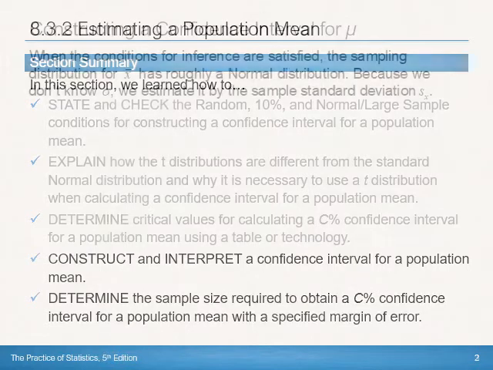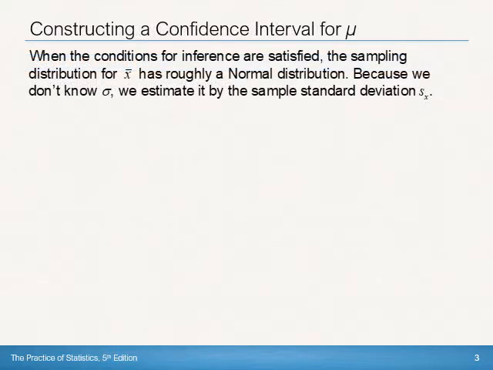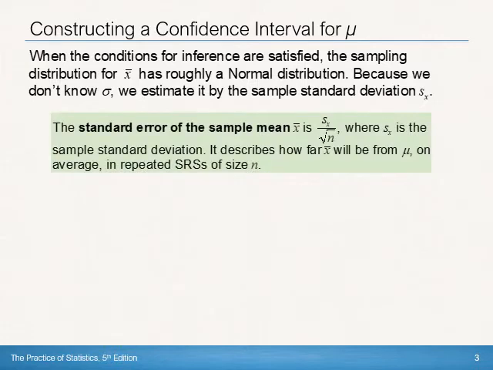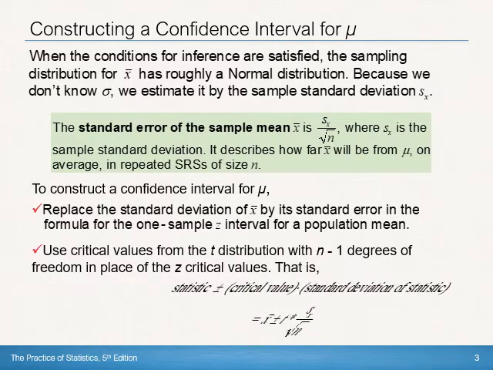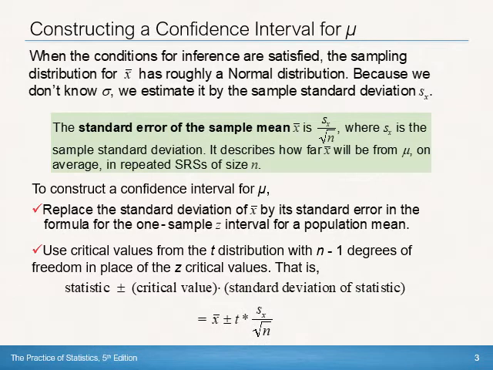That's the last thing. Remember in the previous section when we talked about the t-distribution and the need for the t-distribution, we saw that we have to replace sigma with s, the standard deviation of our sample, rather than the standard deviation of our population, because it's just not known.